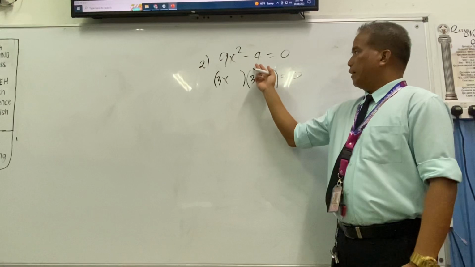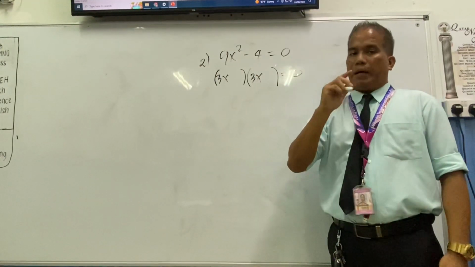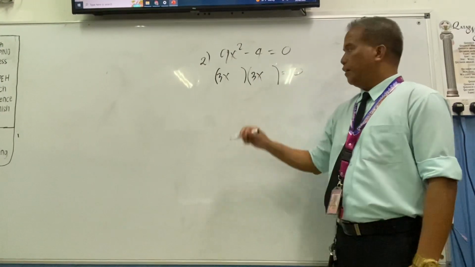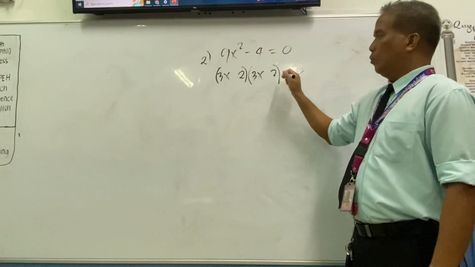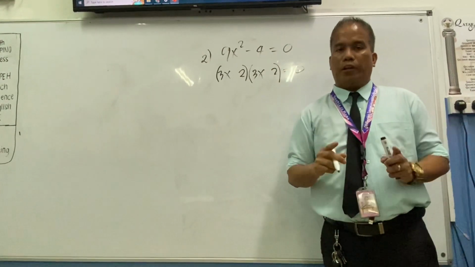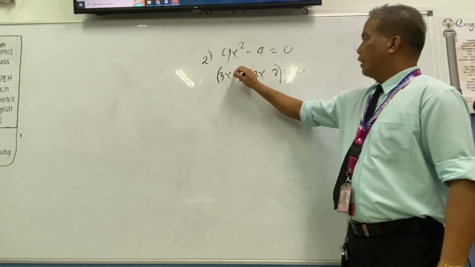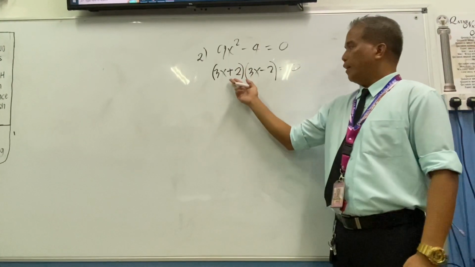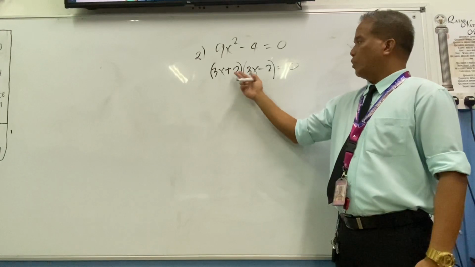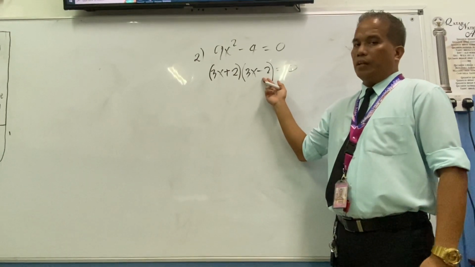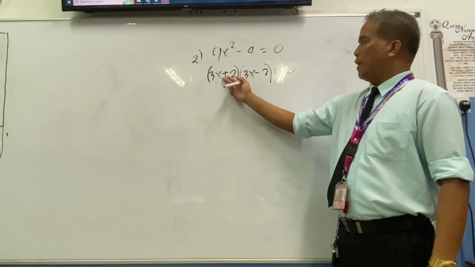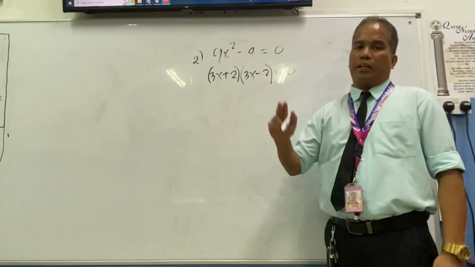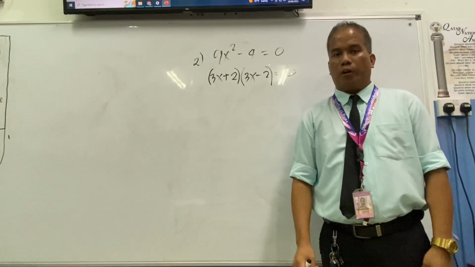Then the second term we have 4. So possible factors of 4 are 2 and 2. Now, to write the operations, we will write plus and minus, or vice versa. You can write minus here, subtraction, then addition here. So that when you multiply positive 2 times negative 2, the answer is negative 4.